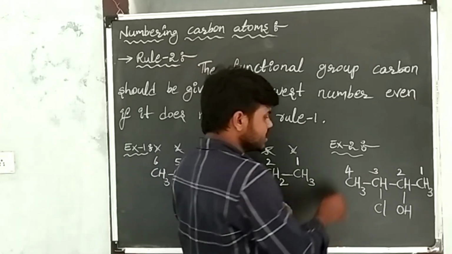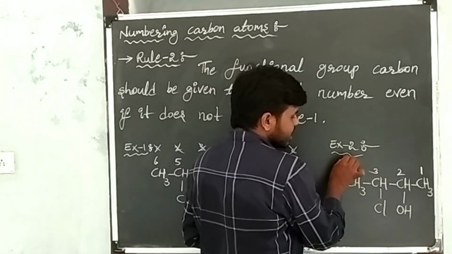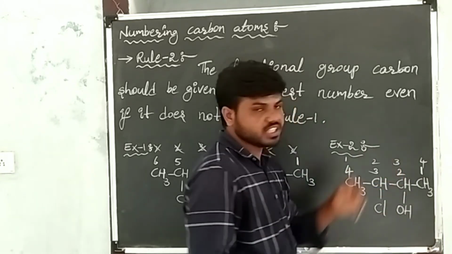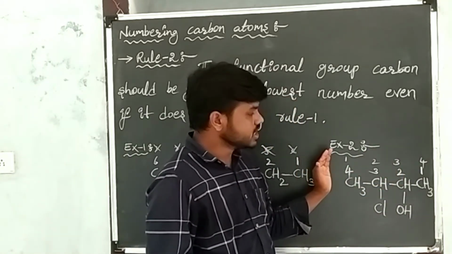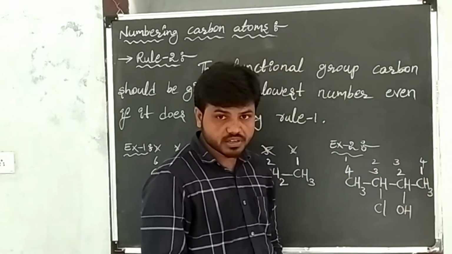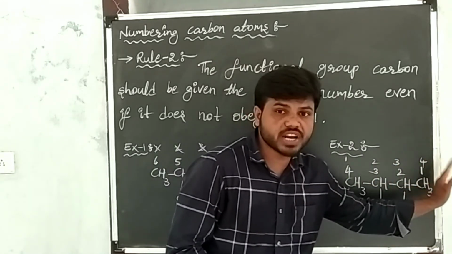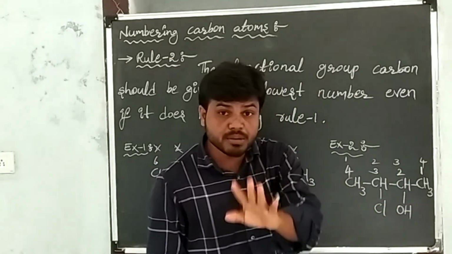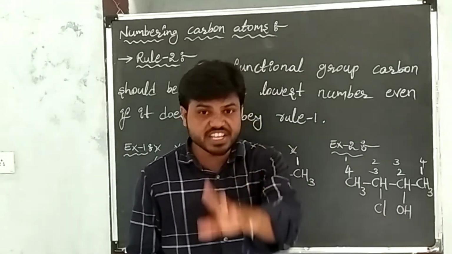If you give numbers from left to right, you get the 3rd position: 1, 2, 3, 4. When you give numbers from right to left, the position of alcohol is the 2nd carbon. So we require the minimum value. This functional group should get the least number.